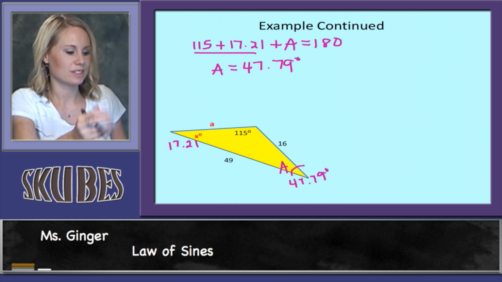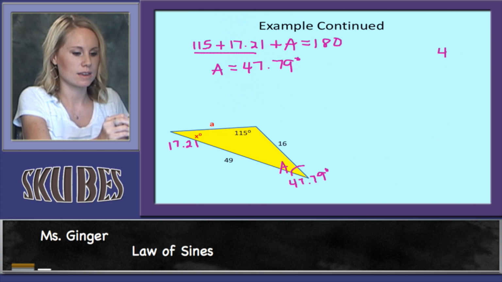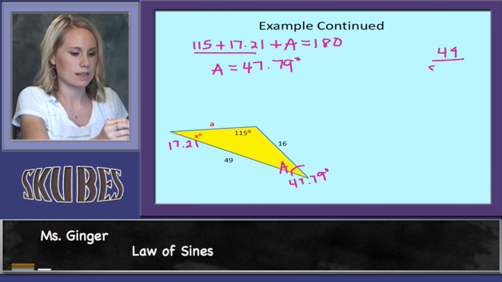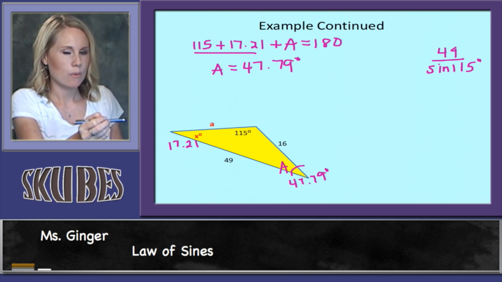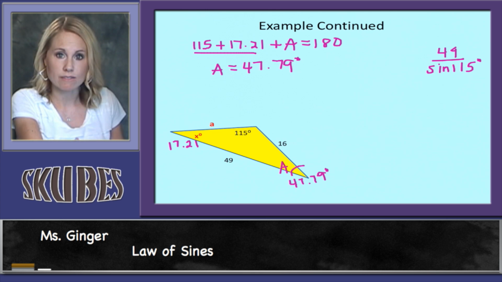Alright, now back to law of sines. So I had at the end of my setup last time, this 49 is to sine 115, this relationship here. And I want to go back and use that again because they gave me those two values. You always want to go back to the match that was given.